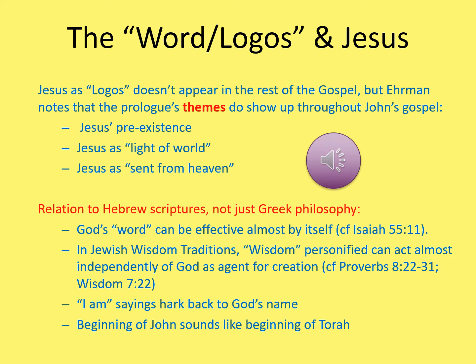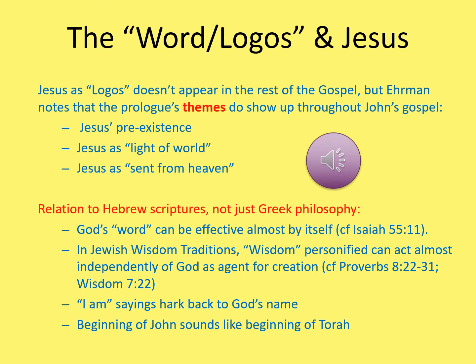And we have something we'll talk about later, the I am sayings in John. When Jesus uses I am a lot in the Gospel of John, which he doesn't tend to do in the other Gospels, that is harking back to a name that was given to God in the Hebrew Bible. I am is a name of God in the patriarchal narratives, and also the very way the Gospel begins.